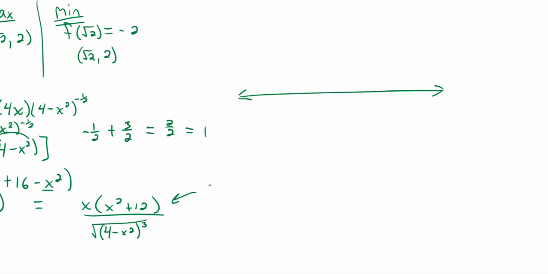So x is equal to 0 from that factor. It'll also be x is equal to plus or minus the square root of 12, which is the same thing as plus or minus, if we took out as much as we could there, 2 root 3.